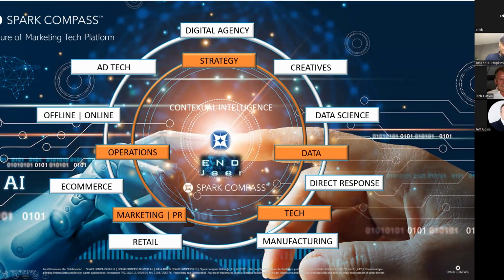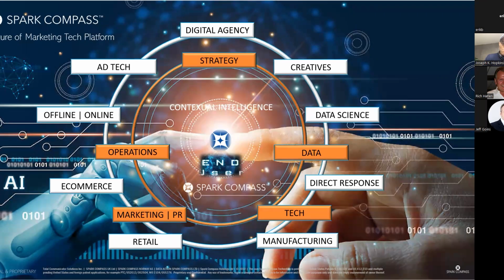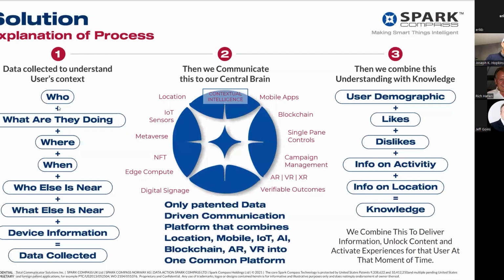And we're acting on data from the real world to deliver real world interactions. And this ability to understand who, what, where, when, and to apply a series of different utilities on it, whether it's campaign management or AR or NFTs, all combined in one dashboard. And then, of course, to deliver the outcome based on location and context.